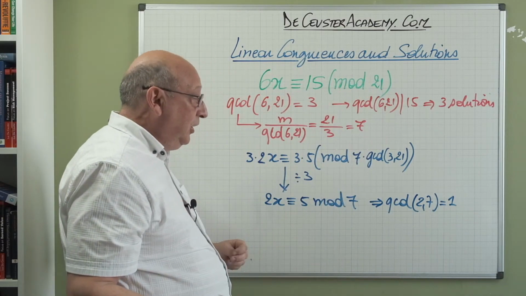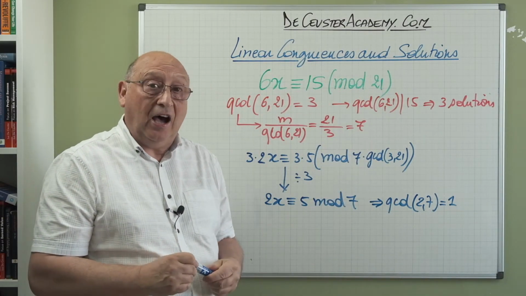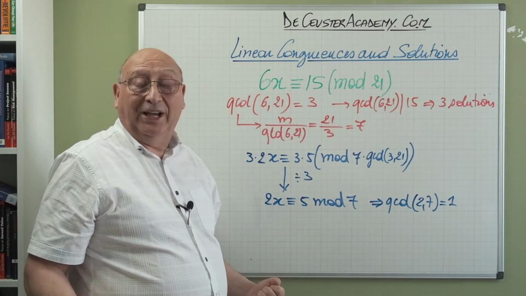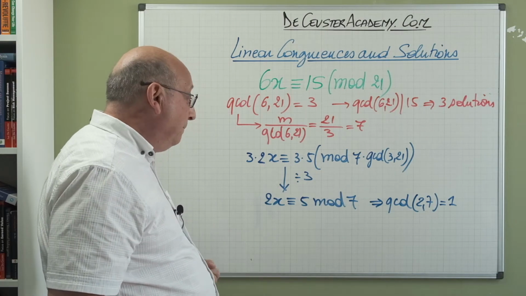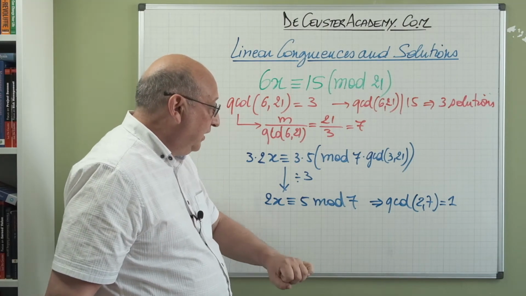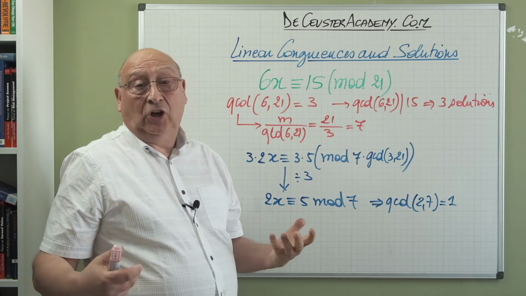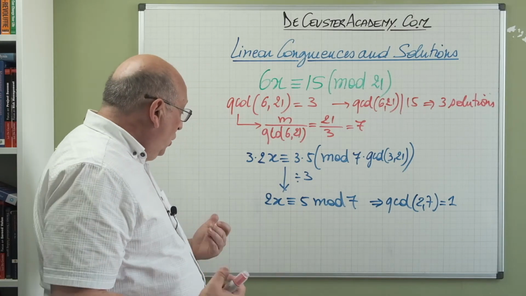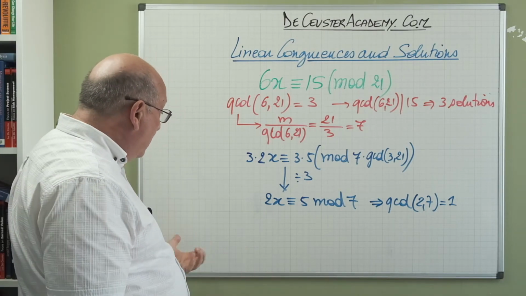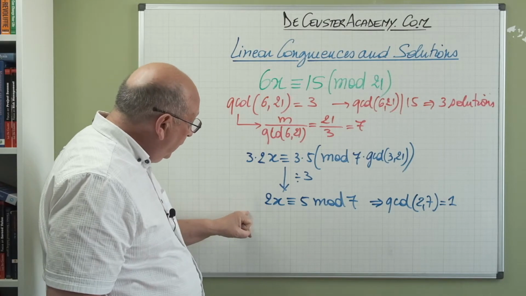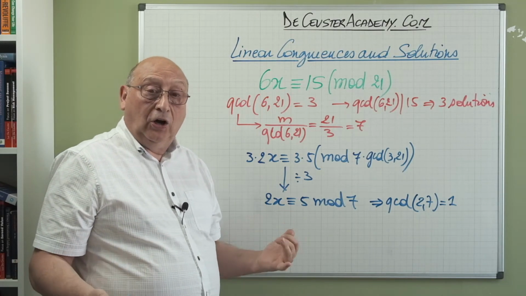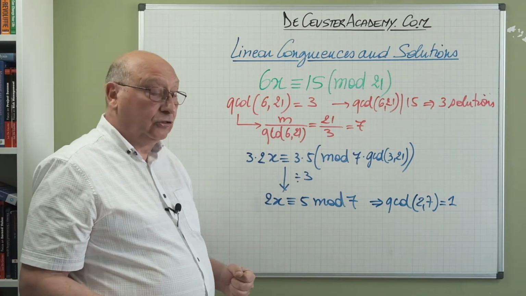It's very clear because these are both prime numbers. Prime numbers always have a GCD equal to 1. So now we have the equation 2x is congruent with 5 modulus 7. The GCD of 2 and 7 is 1, which we can use now to find the modular inverse, and we will need the modular inverse to multiply with this expression to find the final solution.